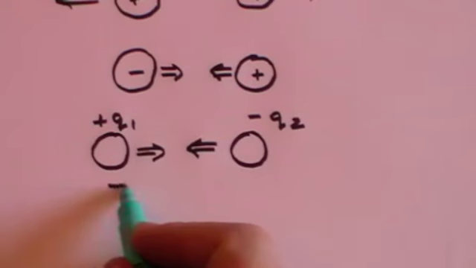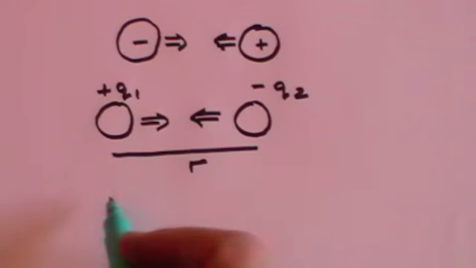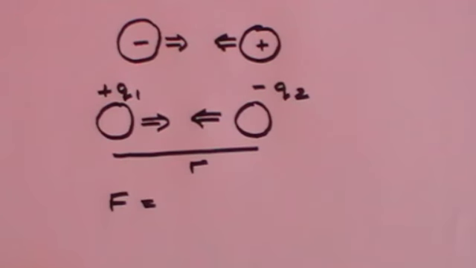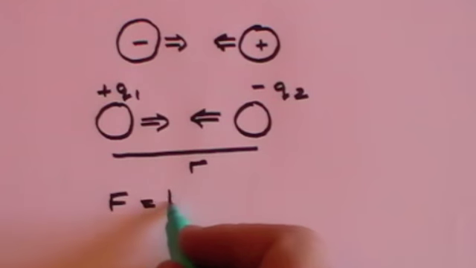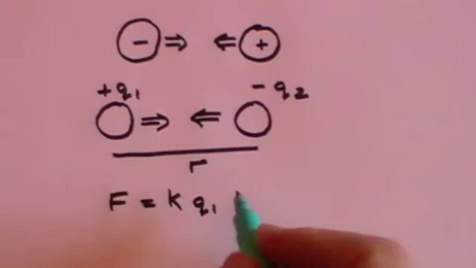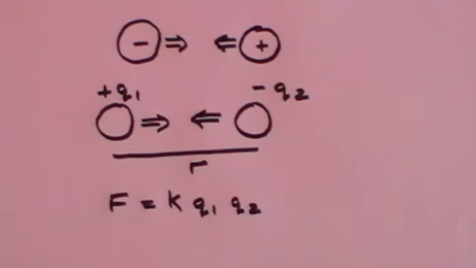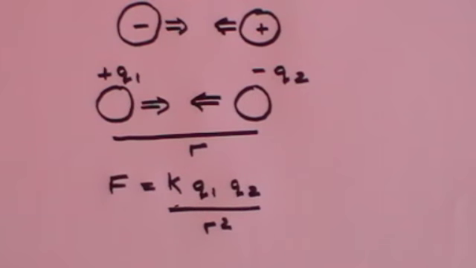And let's say the distance between them is a distance r, then the force that is causing them to attract is going to be a constant, which we don't need to worry about, times the charge on one times the charge on the other, which is a negative charge, we just need to remember that, and that makes the force an attractive force, divided by r squared. So in other words, the force is directly proportional to the size of the charges.